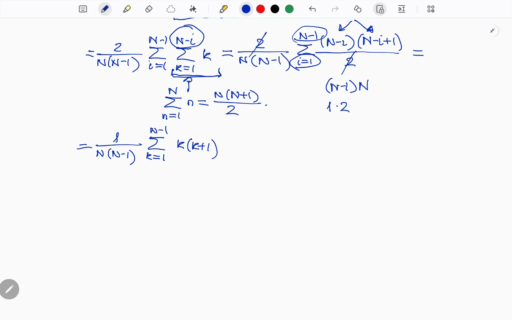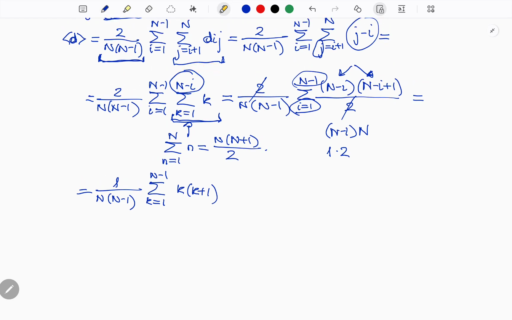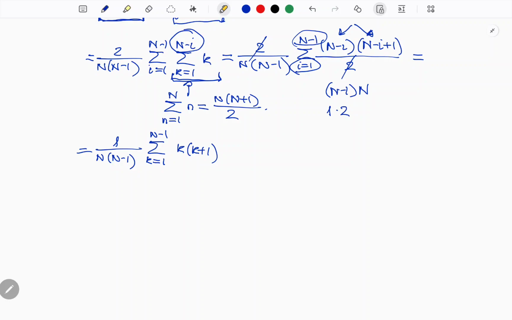Now, this is another expression which is similar to the previous one. In this case, we had this expression, and in this case, we have this other expression. There is a general formula for this kind of expressions. The general formula is going to be, if I remember correctly, the addition from n equal to 1 until n of n times n plus 1 is equal to n times n plus 1 times n plus 2 divided by 3.